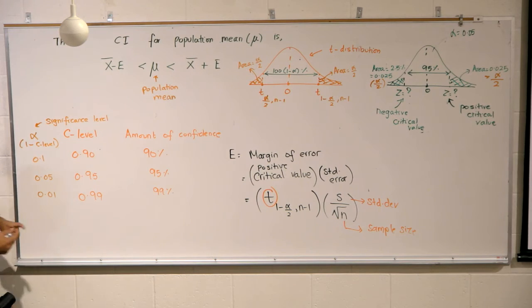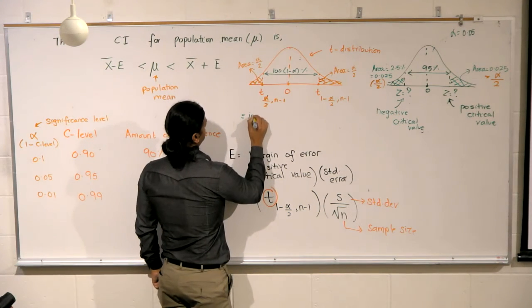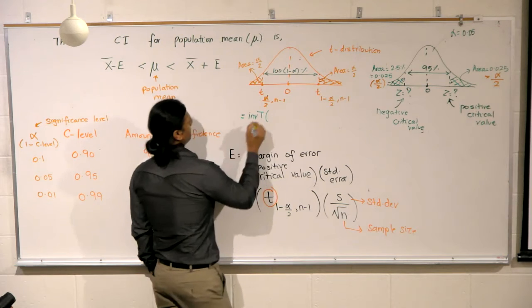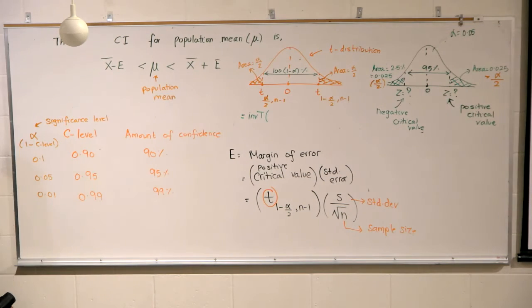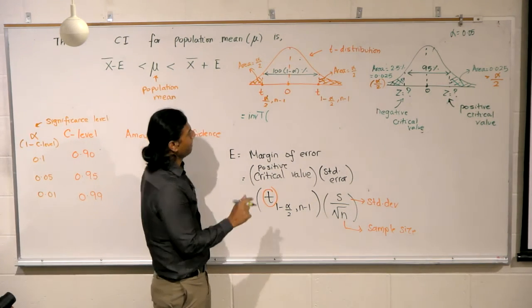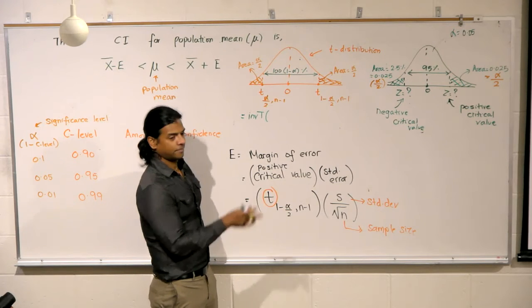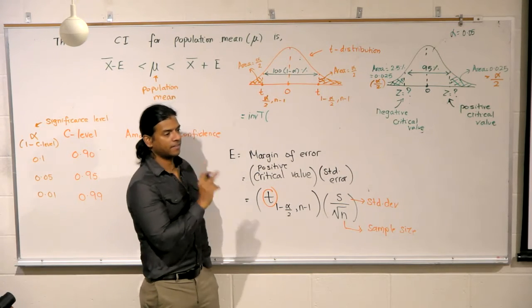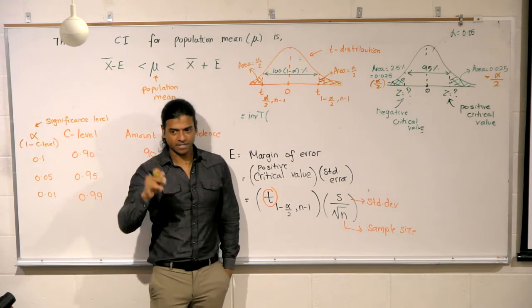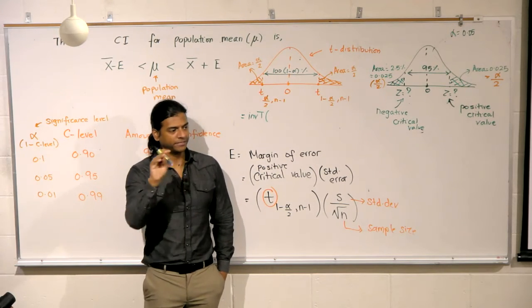Pick up your calculator. If you have the newer version or TI-84, relatively new, or TI-83 plus, you should see inverse T in the same location where we get normal CDF from, or inverse norm.